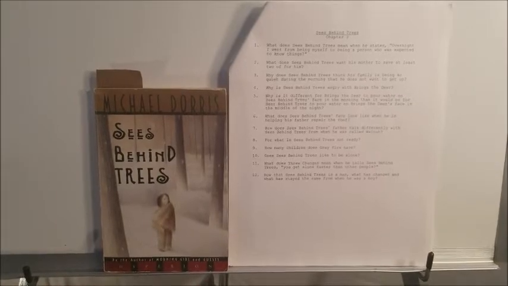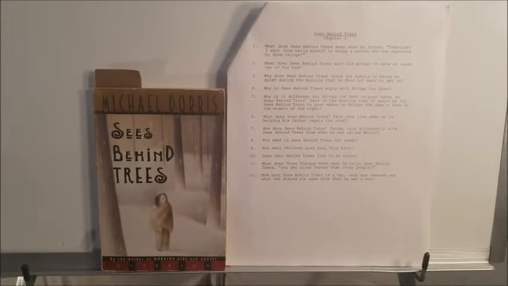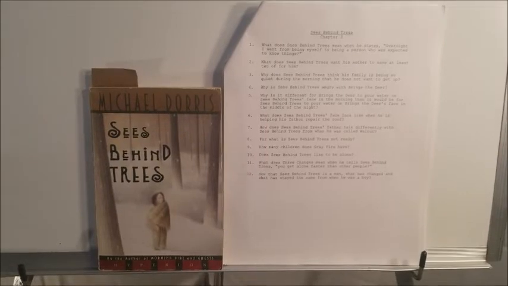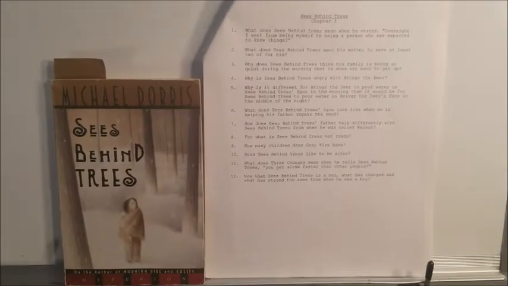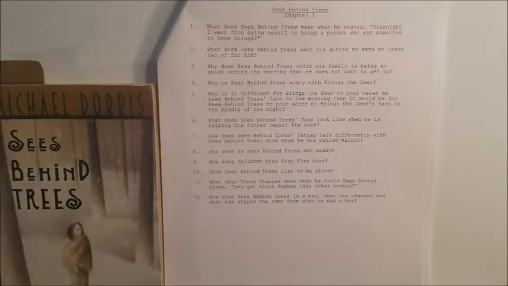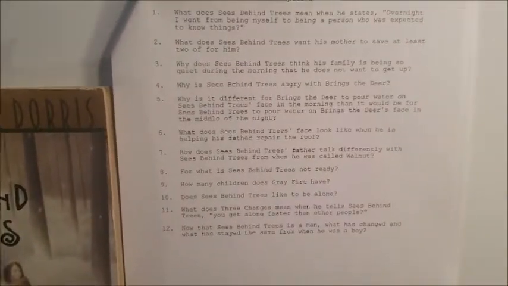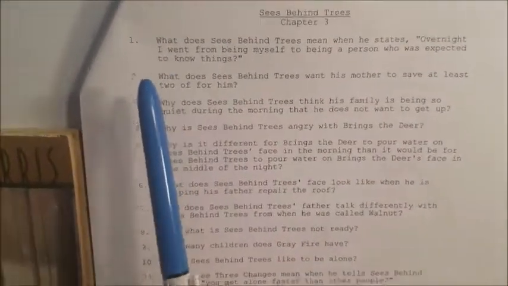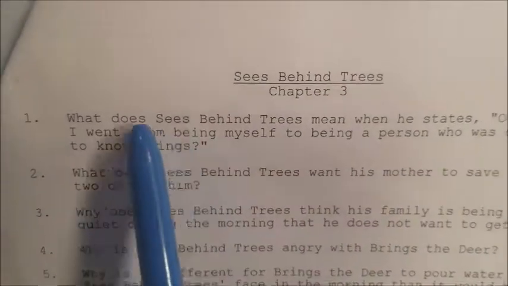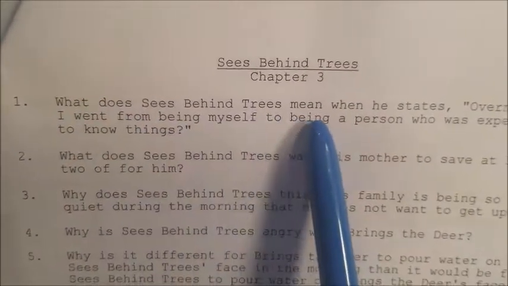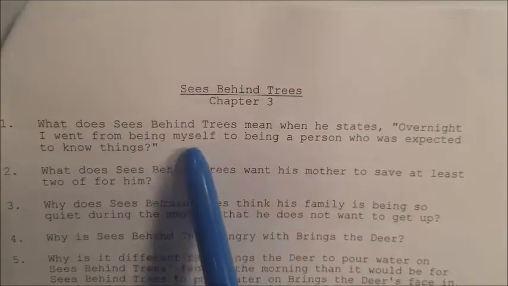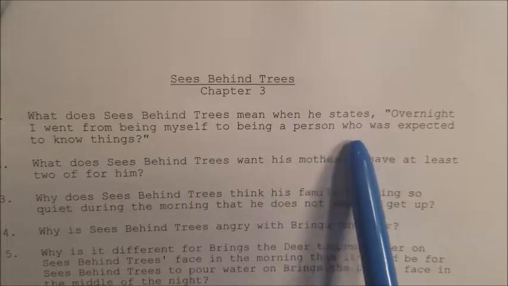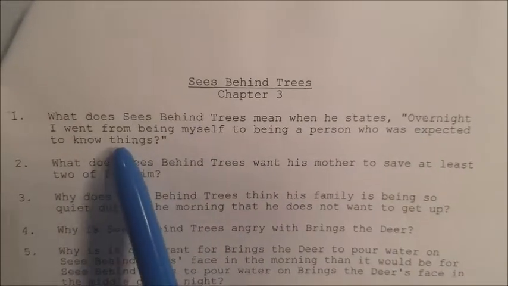Boys and girls, you did a great job in our discussion of Sees Behind Trees during our video conference today. So let's take a closer look at chapter 3. There's a bunch of questions here. We'll go through them all, but let's just focus on maybe a couple while you're reading it. What does Sees Behind Trees mean when he states overnight, I went from being myself to being a person who was expected to know things?